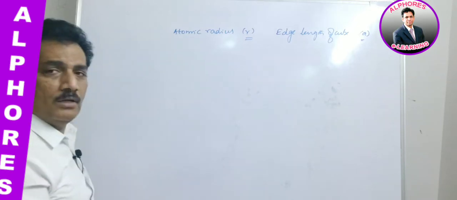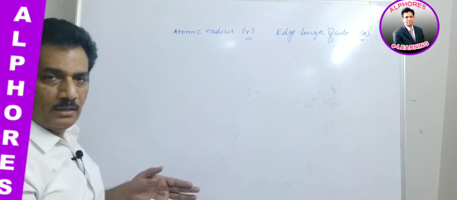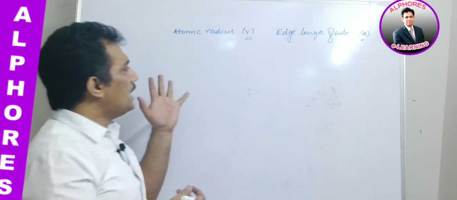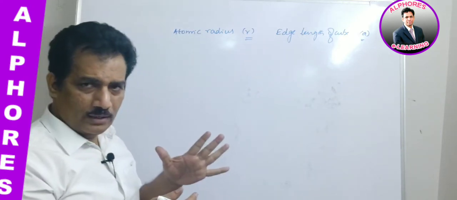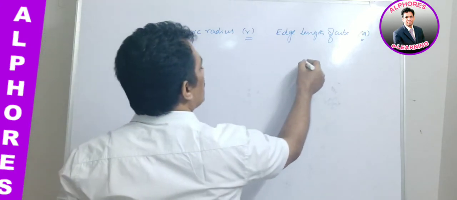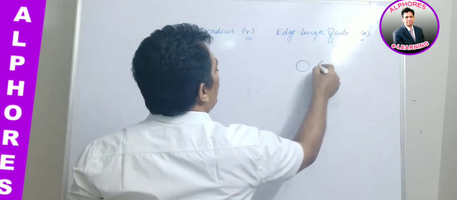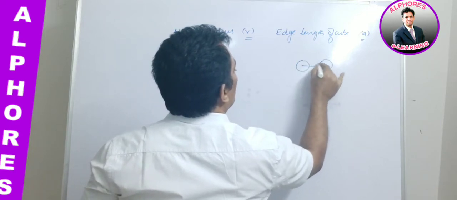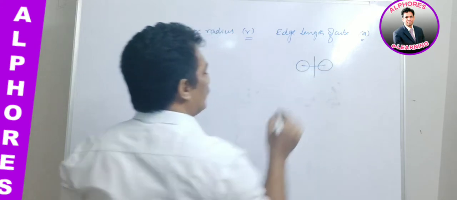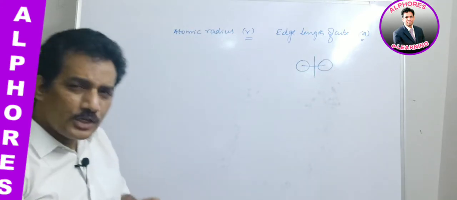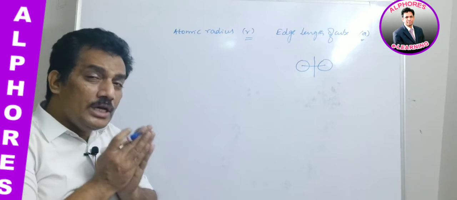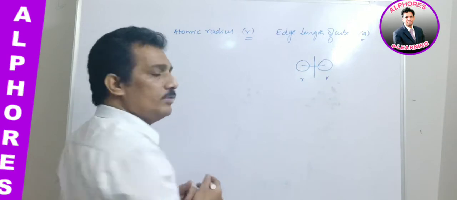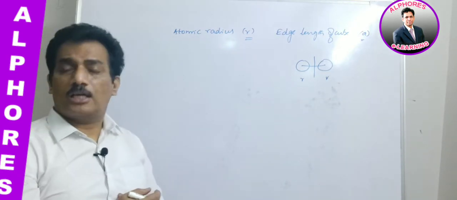That is the actual purpose, but it is not possible directly to find these two. And what is actually atomic radius? First we have to define. Atomic radius is nothing but half of the distance between the two nearest neighbors. That is nothing but half of the internuclear distance between the two nearest neighbors is known as atomic radius R. Already we defined it in chemical bonding also.